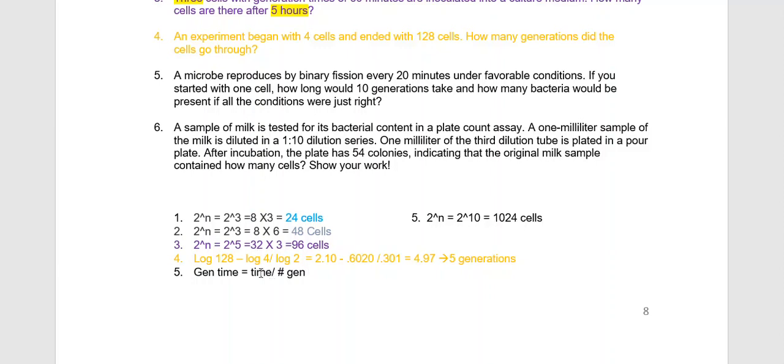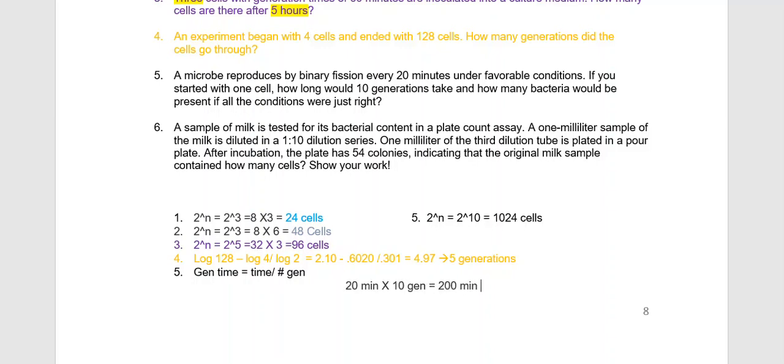That'd be a really easy way that we could do it. What we would get is that you would take this 20 minutes of generation time and multiply it by the 10 generations that the question told us we already have. And what you're going to end up with is 200 minutes.